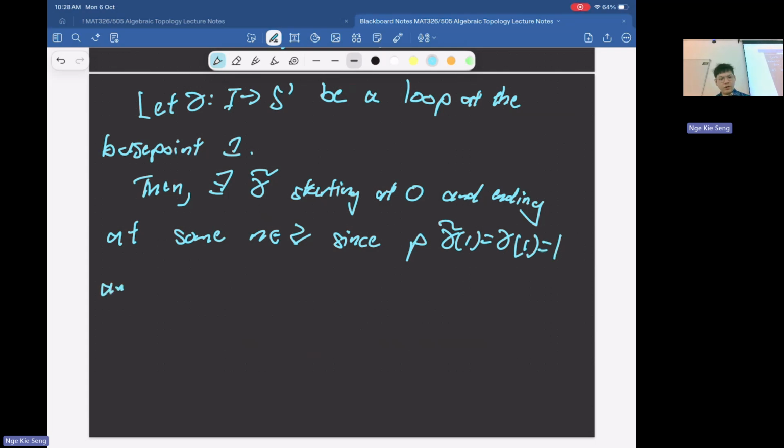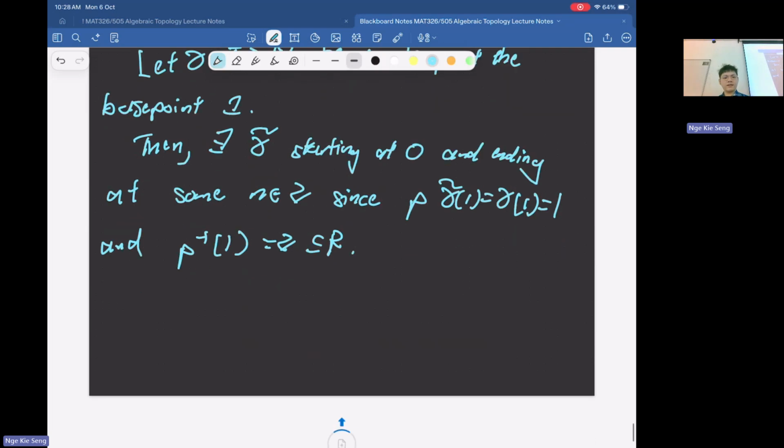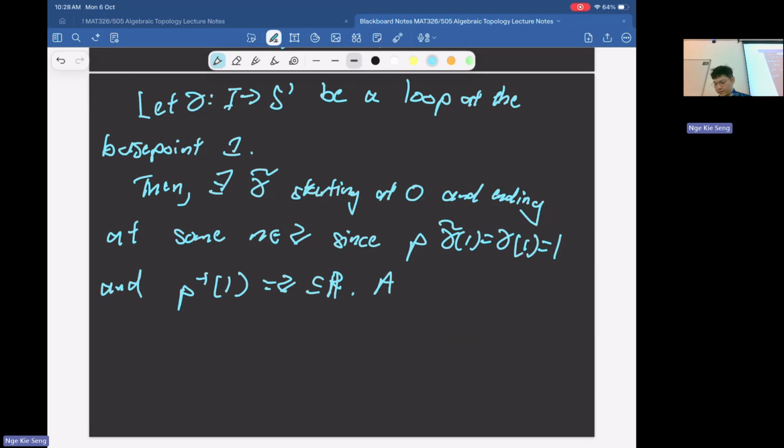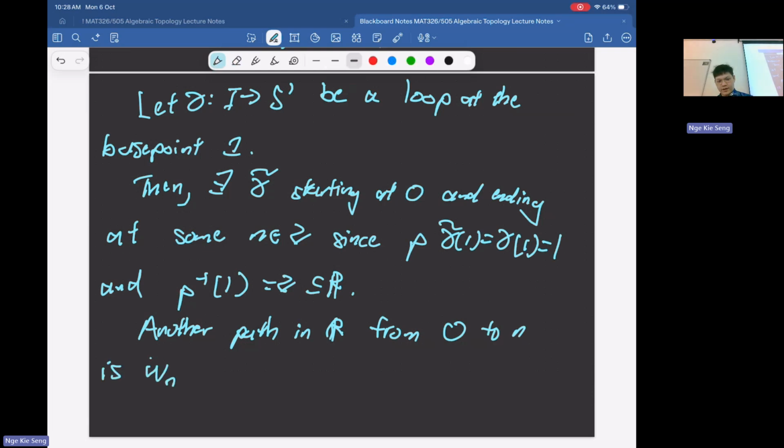So we already know there's some n that can be achieved by this gamma tilde. But there's another standard path in R that also goes from 0 to n. This is in particular our omega tilde. So do you know how to build a homotopy between these two paths?